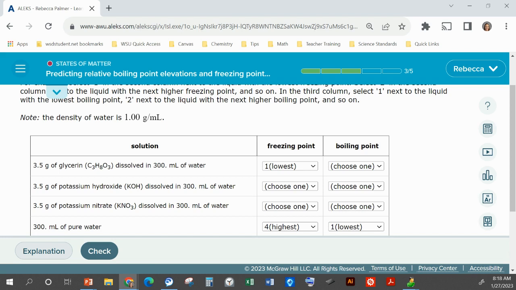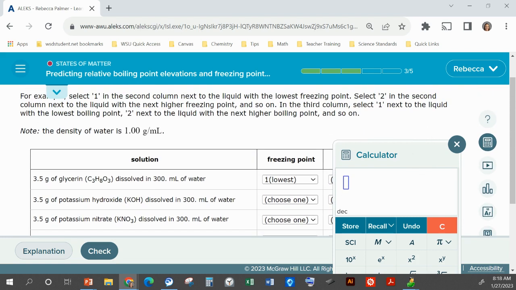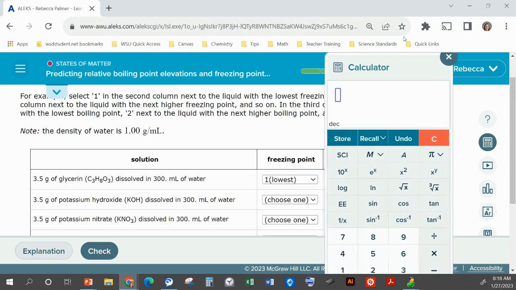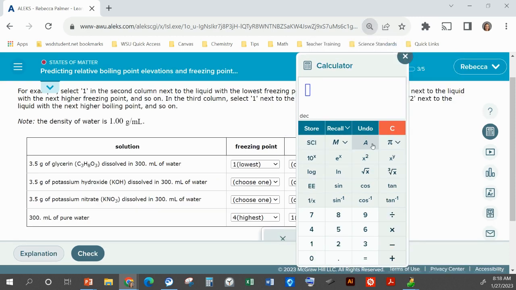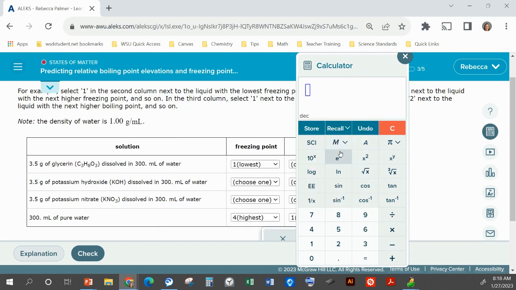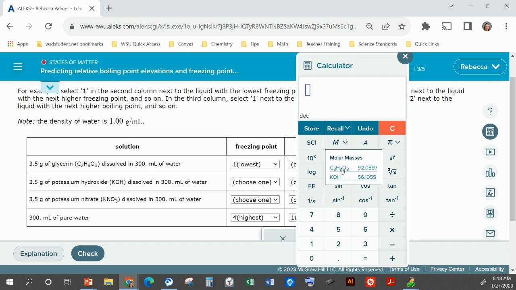So I'm going to use the Alex calculator to do this because it has the periodic table. Oh, someone also told me if you click on this button, it has some of the molar masses already. So we're going to use those.